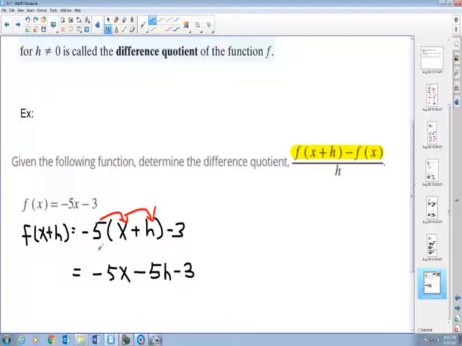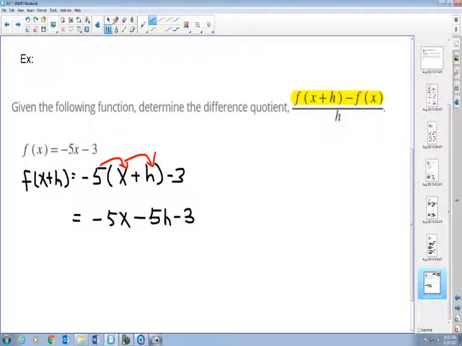So these three terms are where the f of x plus h is going to be. We line it up, and minus my f of x, which is the original function. With this subtraction sign, do a distribution on these two terms, that will be plus 5x plus 3. Whole thing over my h.